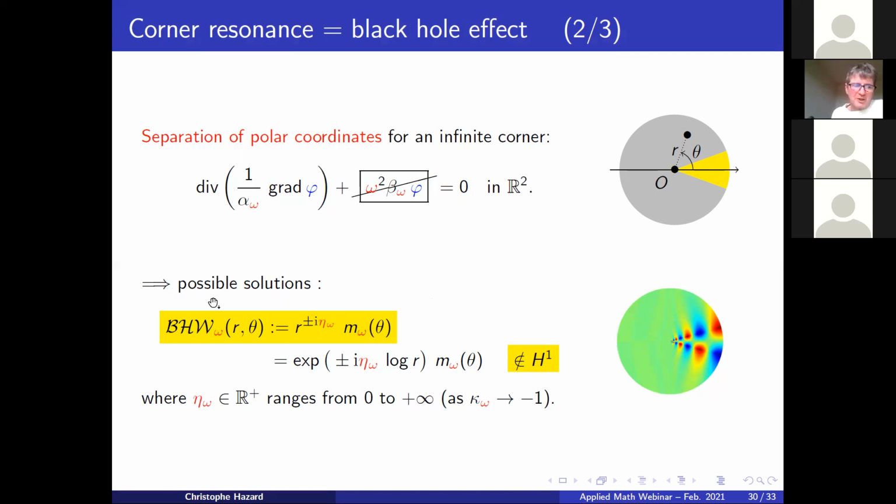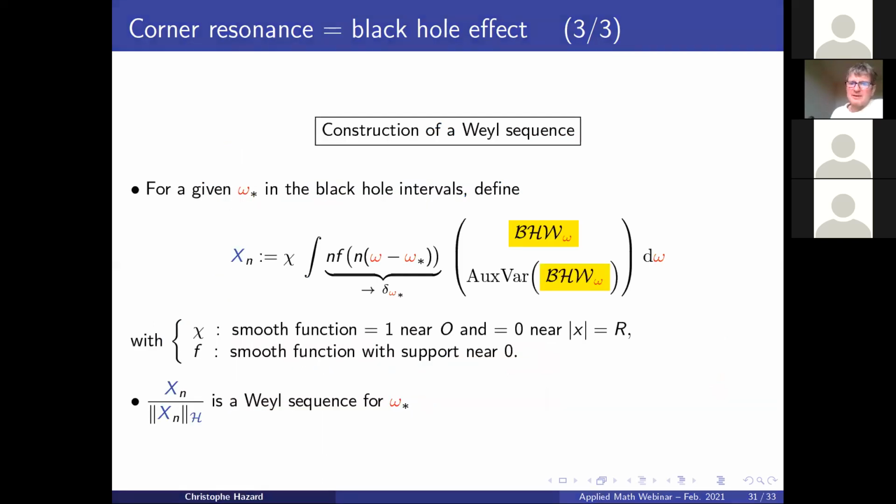So how do we use this black hole wave for constructing Veil sequences? That's quite simple, but not obvious. The natural idea would be to truncate this black hole wave near the corner, doing a truncation which is closer and closer to the corner.